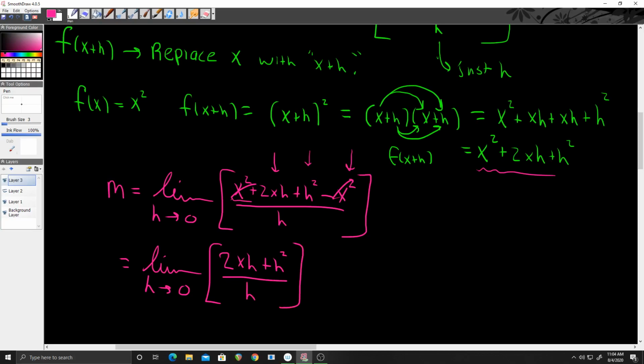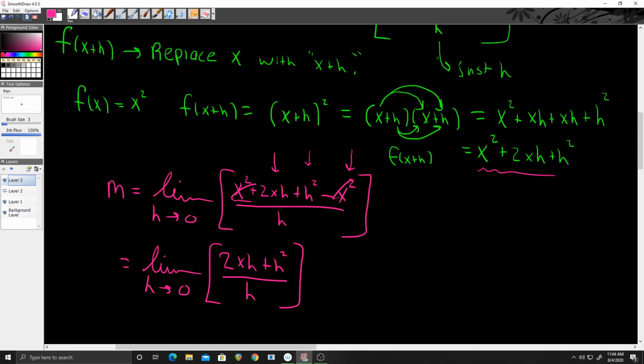Something I forgot to mention, oops, is see if you can plug in 0 for h first. In other words, look. If h is 0, we get 0 on top, 0 plus 0. But then we get the 0 on the bottom.